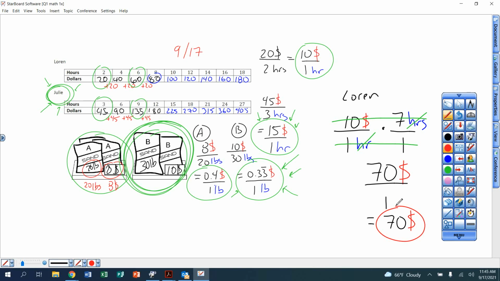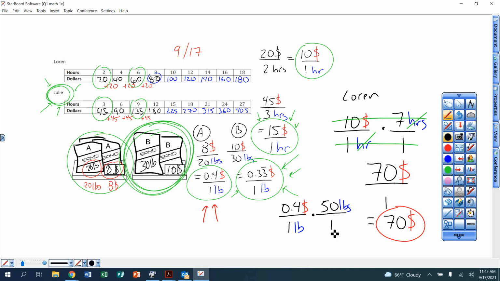If I take a unit rate for these pounds here, like say I go to store A just for some reason because I want to spend more money. If I take that 40 cents or 0.4 of a dollar for every 1 pound, if I times by a certain amount of pounds, the pound units will cancel and just leave me money. So say I want to buy 50 pounds because I want to spend a lot of money for some reason.